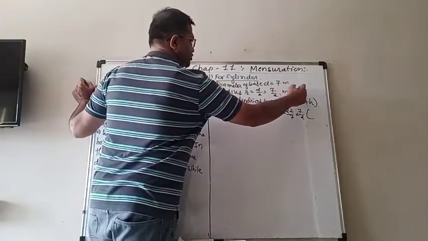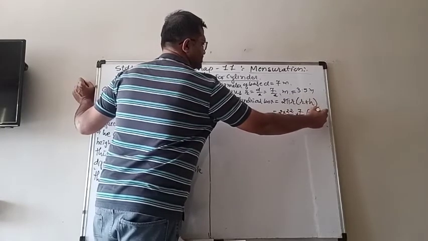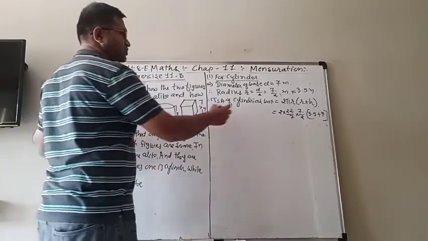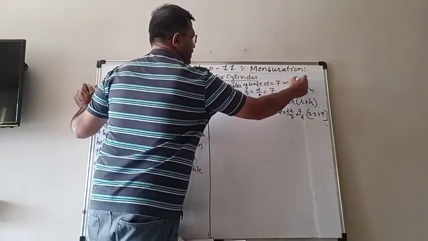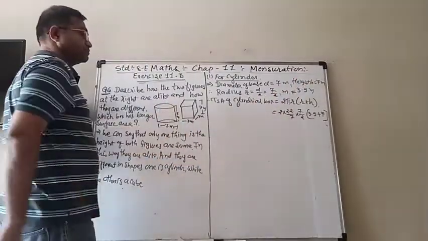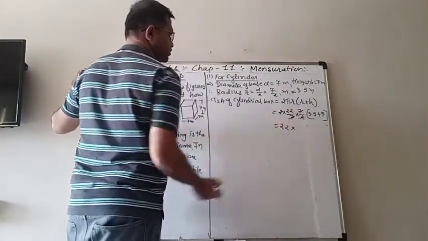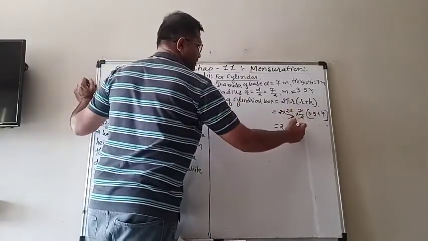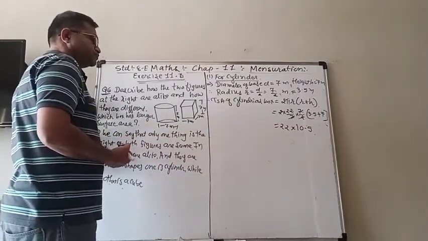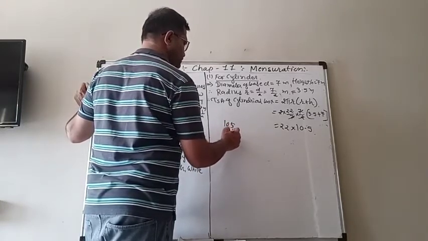In place of 7 upon 2 you can write 3.5 also. So 3.5 plus h, which is also 7. Height is 7 meter, given for both. Here 7 cancels, 2 cancels. That is 22 into 7 plus 3.5 is 10.5. So now 105 multiplied by 22.